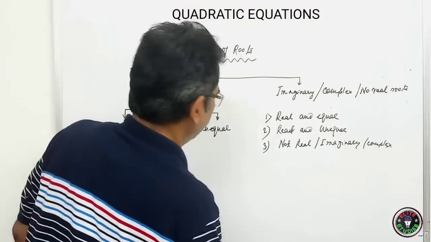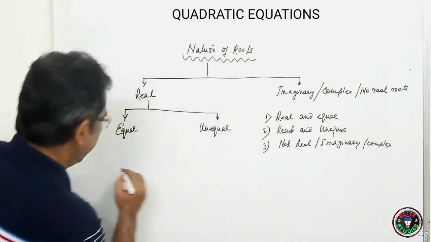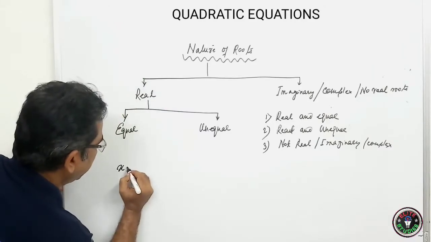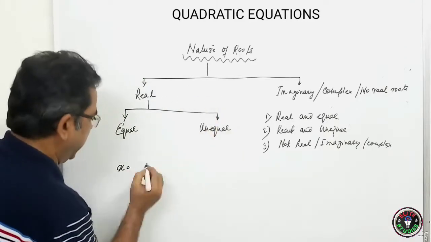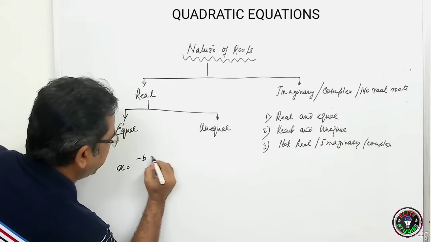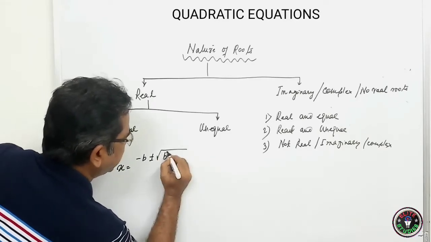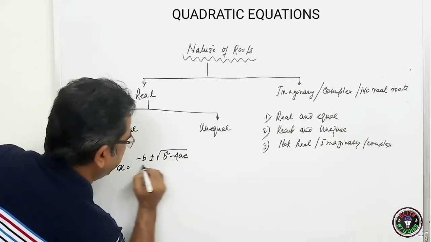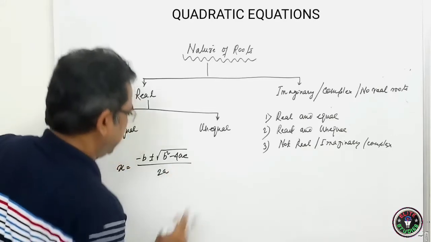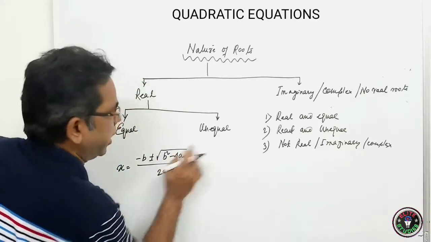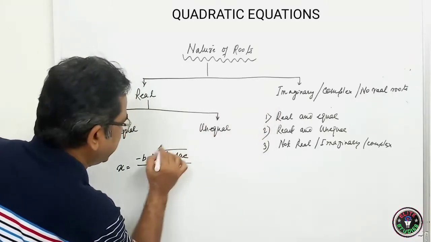We know from the quadratic formula, x is equal to minus b plus minus root over of b square minus 4ac, by 2a. Dear students, you see this, the issue is here.